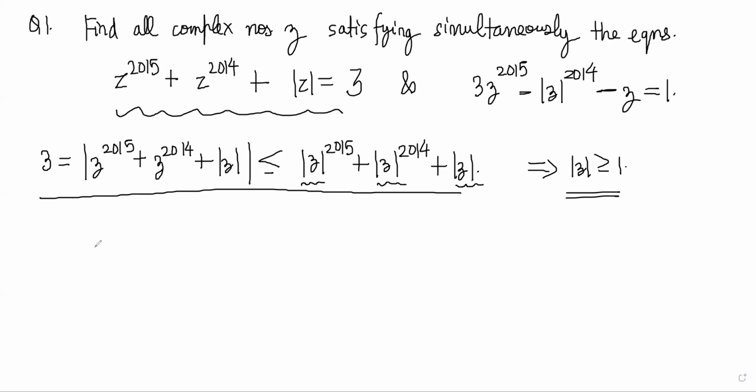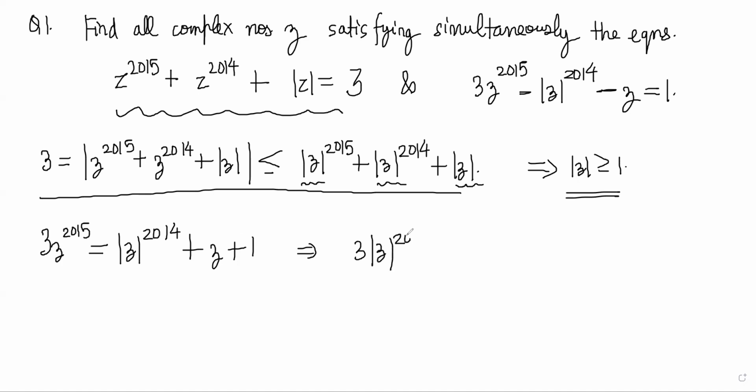Now let's look at the second equation. We have 3z power 2015 is equal to mod z power 2014 plus z plus 1. And again we take modulus on both sides. 3 mod z power 2015 is equal to mod of mod z power 2014 plus z plus 1. And again we apply the triangle inequality.